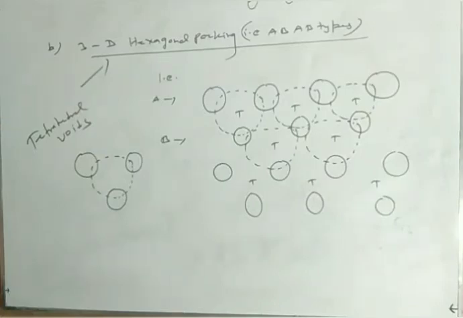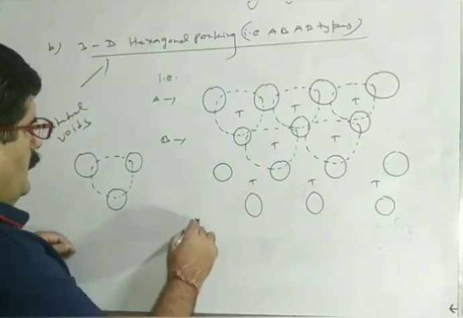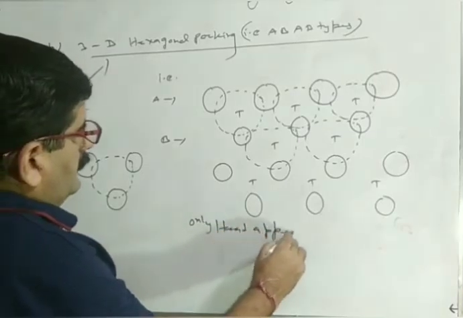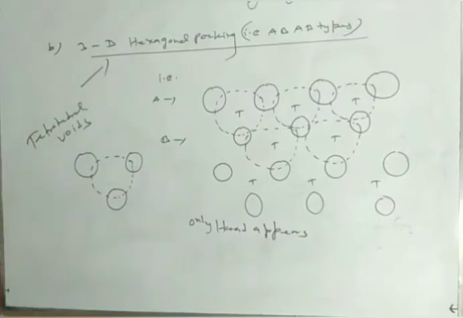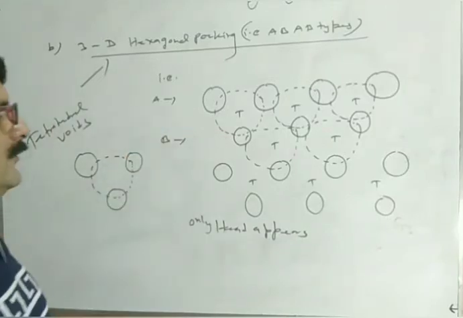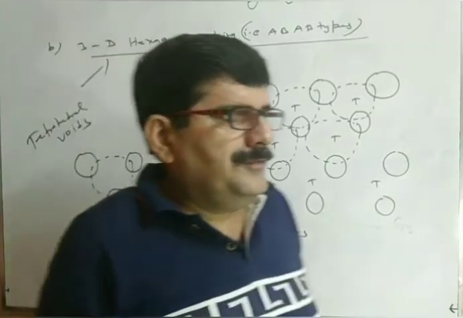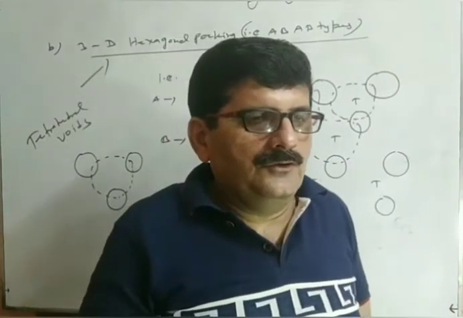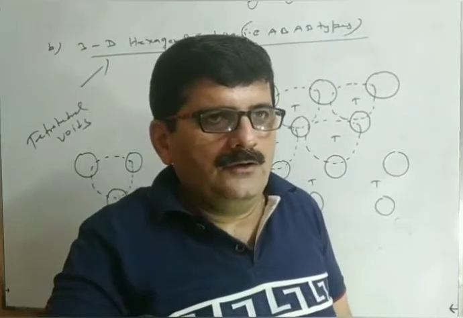Tetrahedral voids. Only the head appears, if we put a fourth atom above the 3 atoms, all 3 atoms in the lower level.